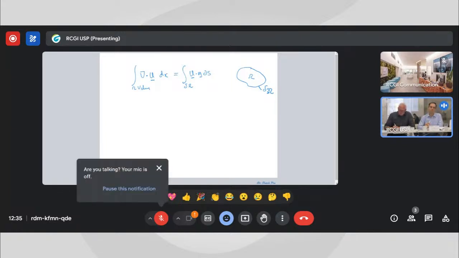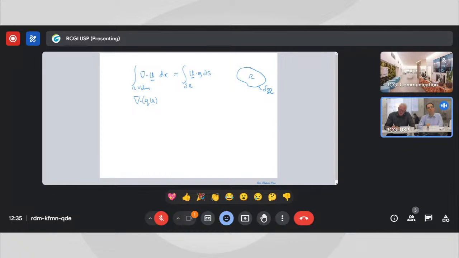Okay, so how do I want to apply it? In that slide I had it in rather condensed form. So I've got terms that look like q times, say, a velocity, a scalar times a vector. I know that that scalar quantity times a vector, if I multiply it out using the product rule, q is a scalar, so the gradient of q gives me a vector. I dot it with the vector that is u.